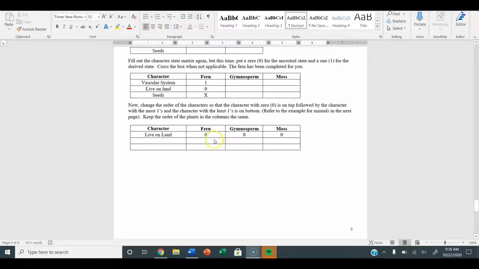Okay, now we're going to change the order of the characteristics. So this is where we're trying to get things in order. We're going to get the characters in order. So the character with 0 is on the top. So our ancestral state, the least points, is on the top. Now when you go across these, how many points did you get for vascular system?